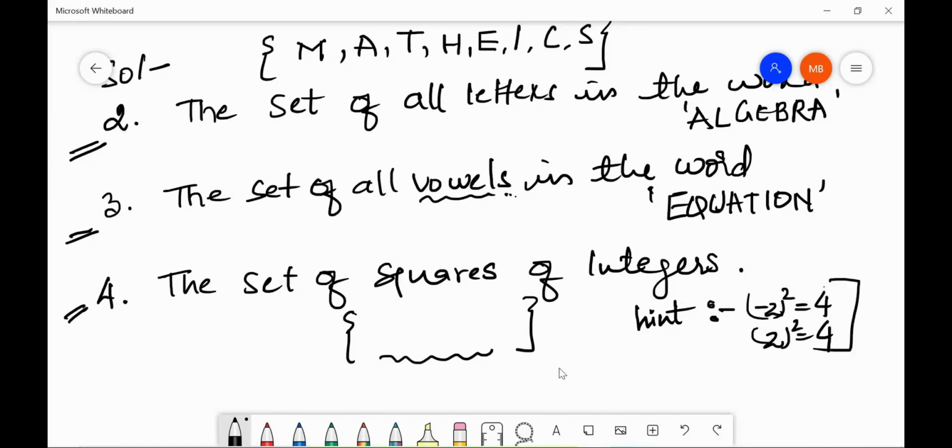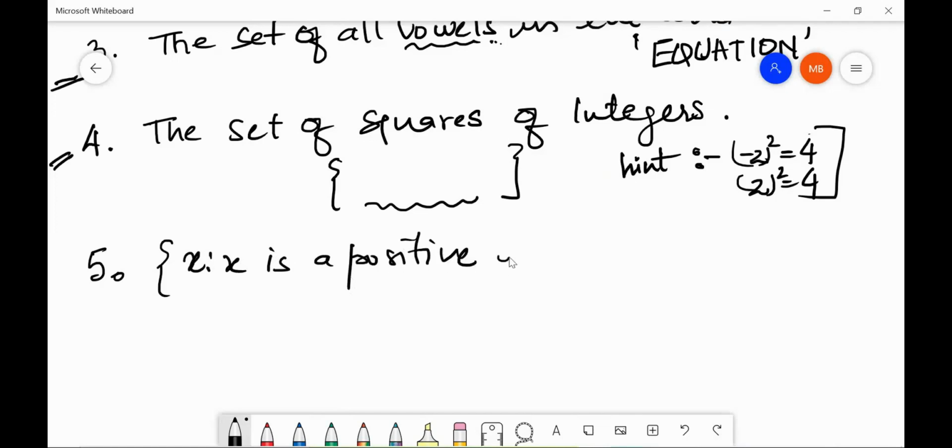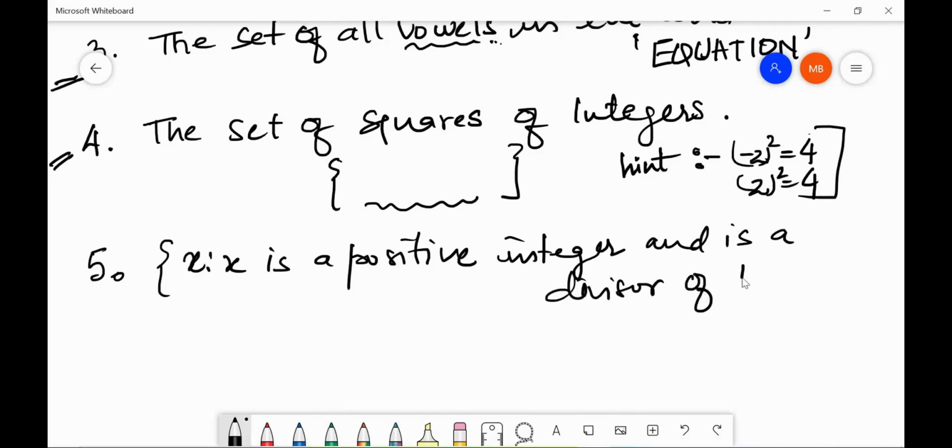Okay. Question number 5. I'll frame it in set builder form for you. x is such that x is a positive integer and is a divisor of 18.